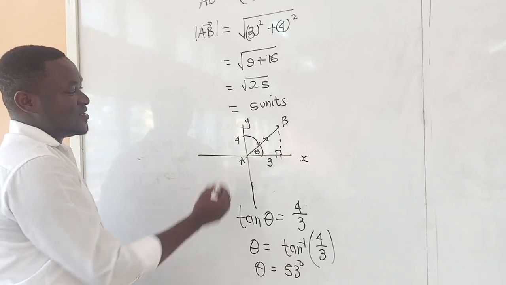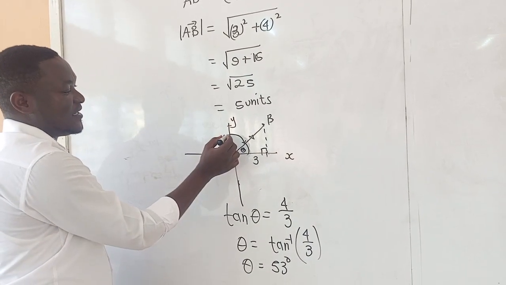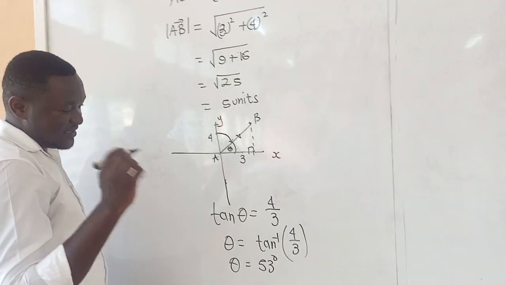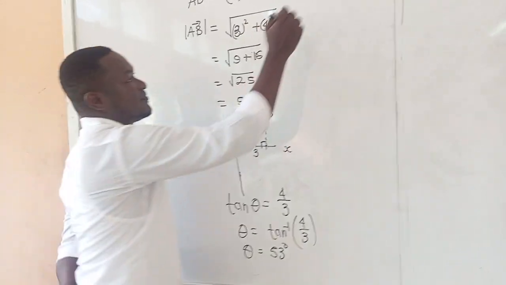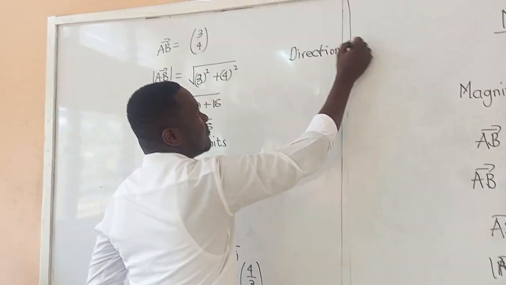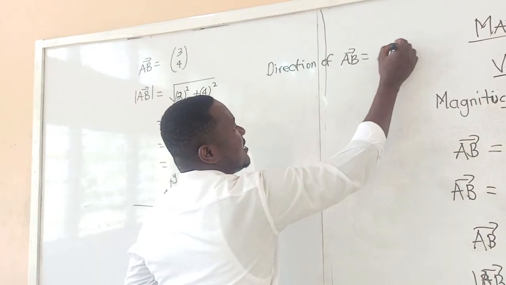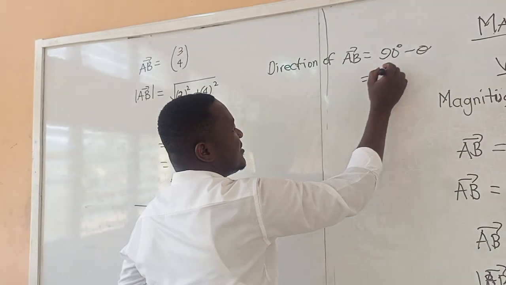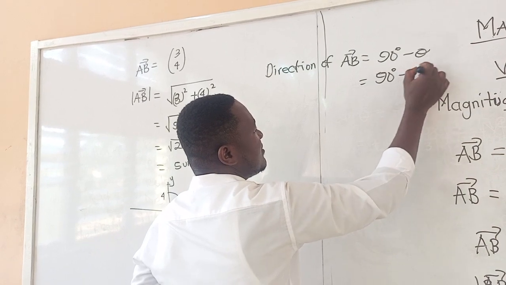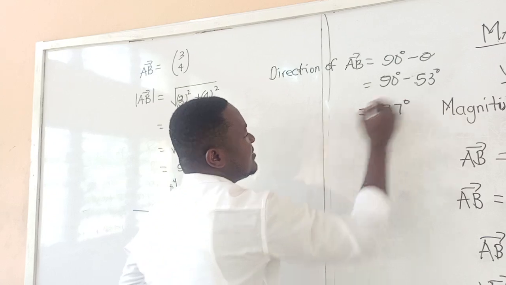So we will have to subtract the angle we calculated from the total angle of this quadrant, which is 90. So the direction of vector AB is equal to 90 degrees minus theta, which is 90 degrees minus 53 degrees, and that will give us 37 degrees.